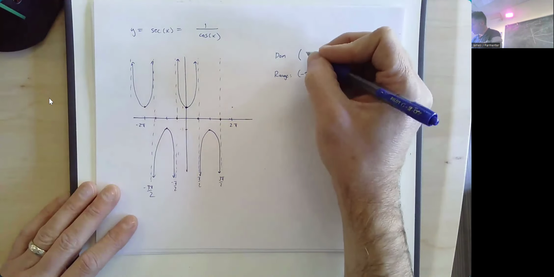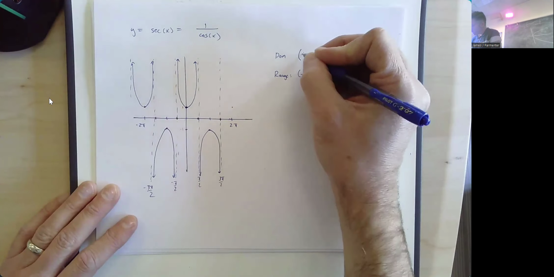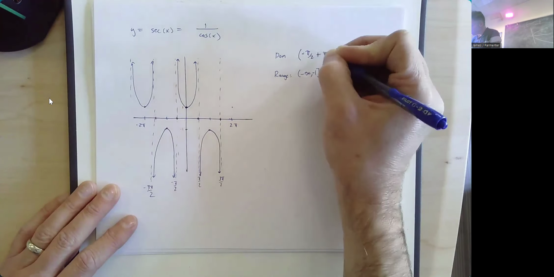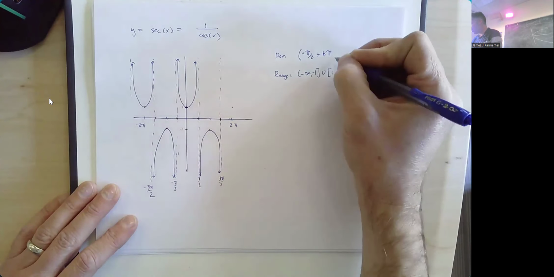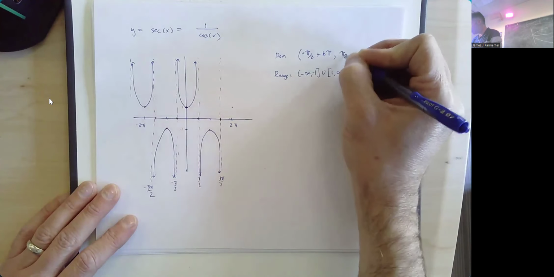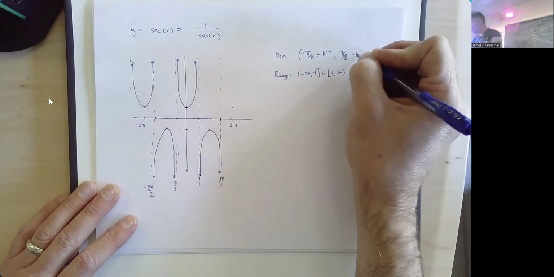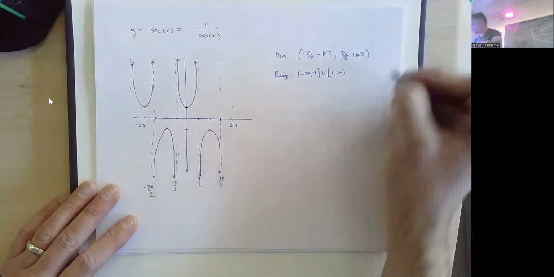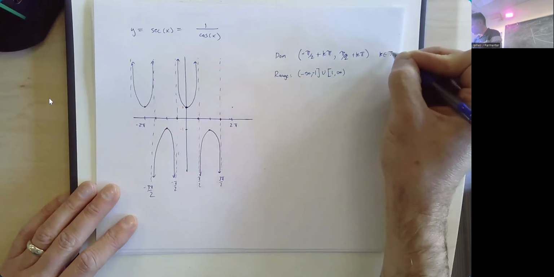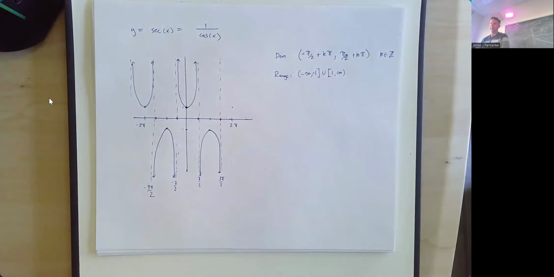So it's negative pi over 2 plus a multiple of pi to positive pi over 2 plus an integer multiple of pi, where k is an element of the set Z, not group, sorry.